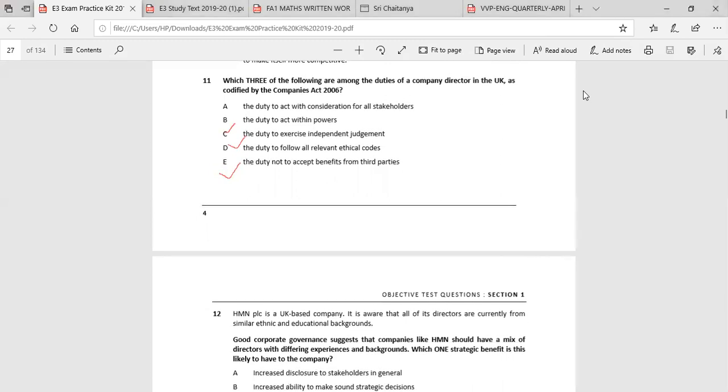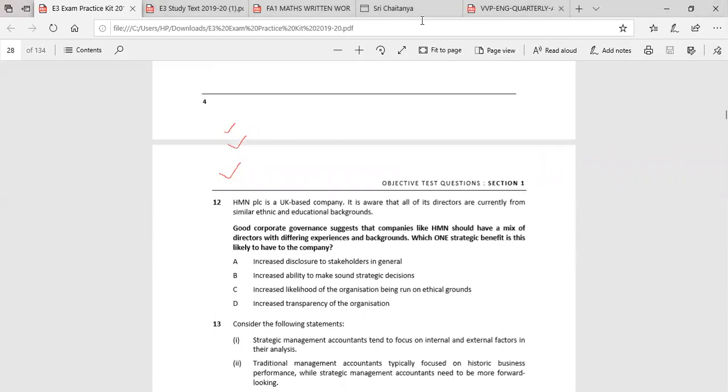Then coming to the 12th one, HMN PLC is a UK based company. It is aware that all of its directors are currently from similar ethnic and educational backgrounds. Good corporate governance suggests that companies like HMN should have a mix of directors with differing experiences and backgrounds.